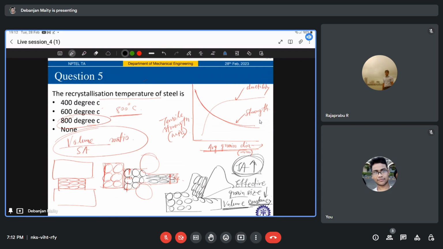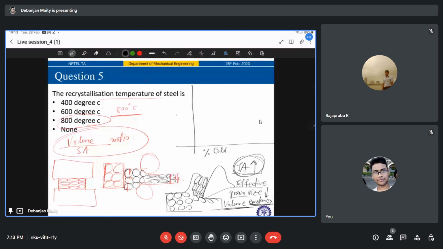But this temperature also depends on the amount of prior cold working. So we should figure out in terms of graphs what happens with the percentage of cold working. Let's say this is your percent of cold working. With an increase in percentage of cold working, you are having strain hardening of the material, so you are increasing dislocation density.